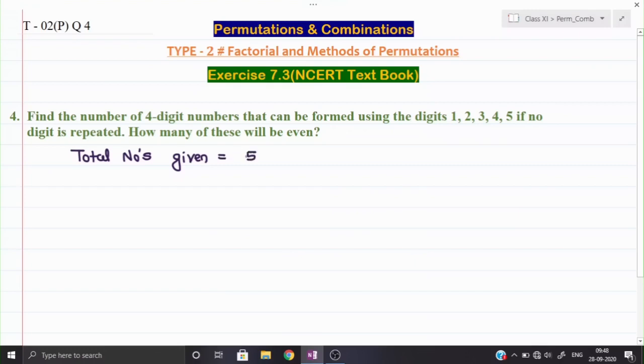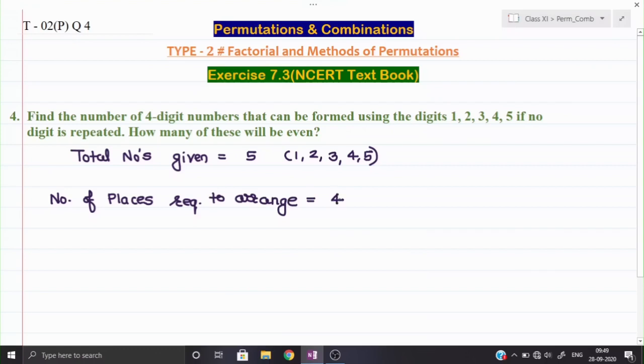For your convenience I will write down here 1, 2, 3, 4 and then 5. Now the number of places required to arrange. How many places are required to arrange here? That is 4.